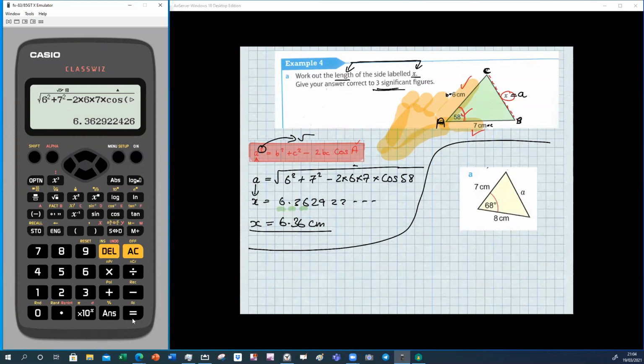I will leave you with the answer for everybody. I've just got a couple of girls giving me answers now. The answer for A is 8.43 centimeters. We'll do that to 3SF. I will leave you with that, and then we'll go through that when we come back after the break. So we pause the recording.